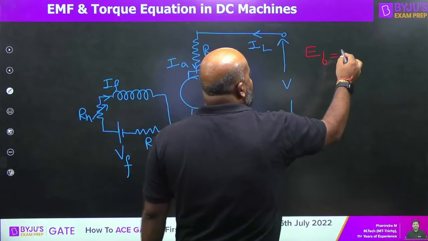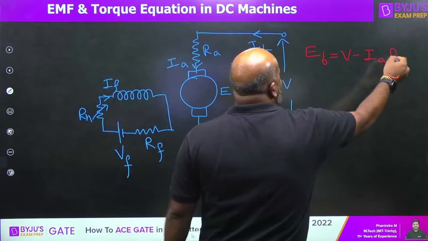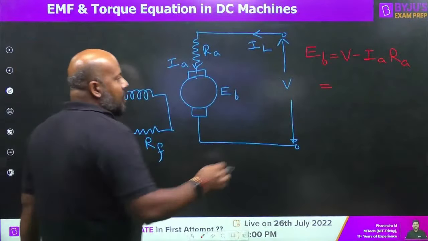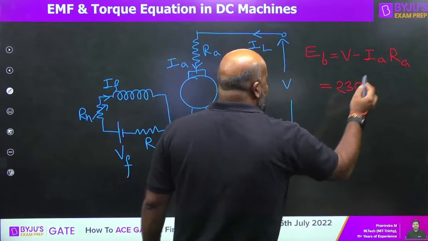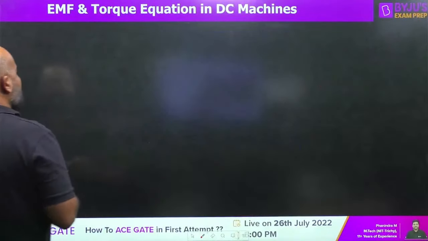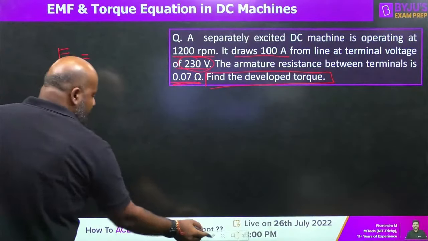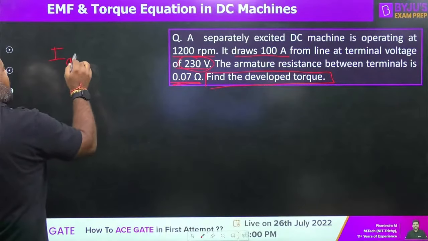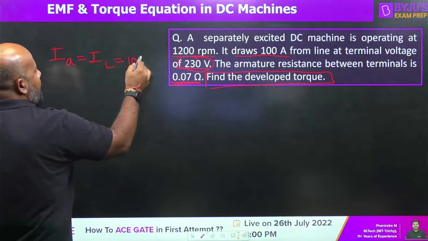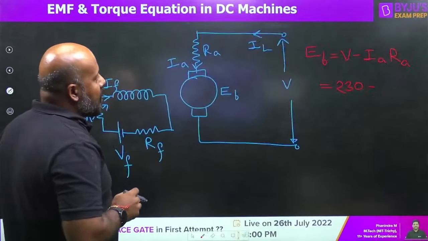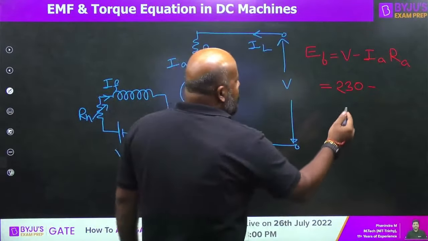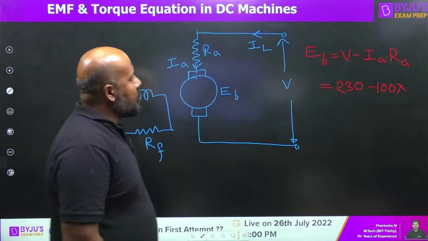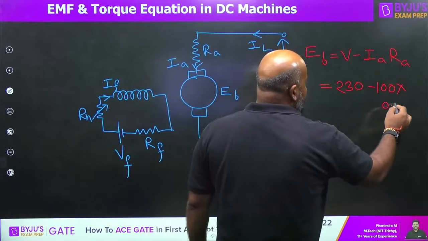Back EMF is going to be V minus IaRa. What is the terminal voltage mentioned? It is 230 volts. What is the armature current? That is equal to line current. So line current and armature current are the same, that is 100 amperes. What is the armature resistance? It is 0.07.